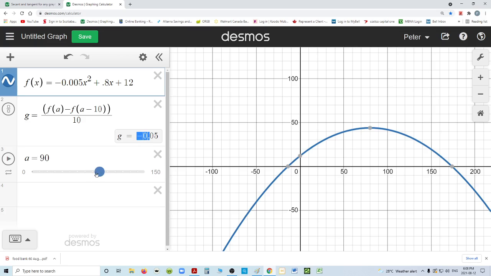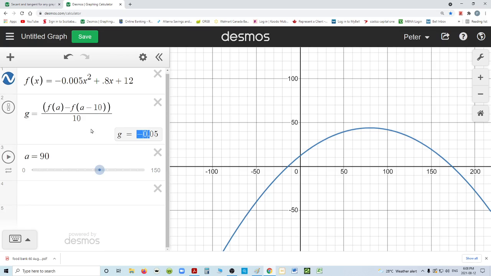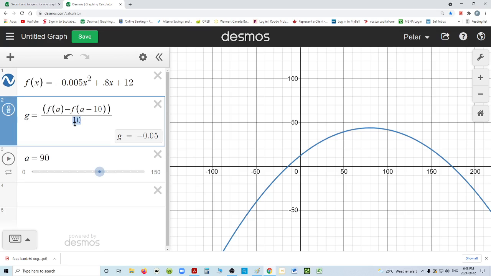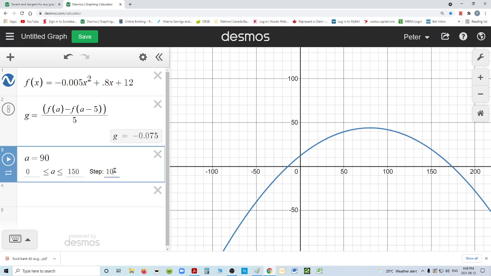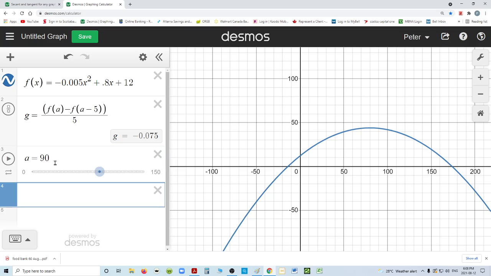So you can see if you do it by 10, but you'll get a much more accurate idea if you do it by 5, and you do these steps by 5. So you can see 85, you can see right at 75, right as soon as you go past 80, it gets negative. That should pretty much tell you that 80 is the sweet spot.